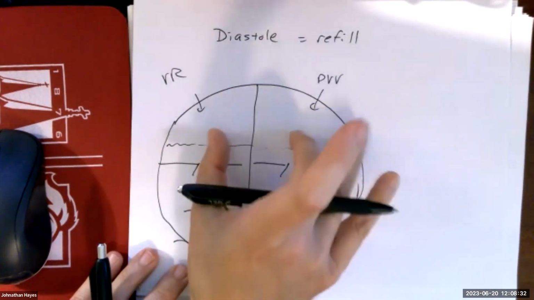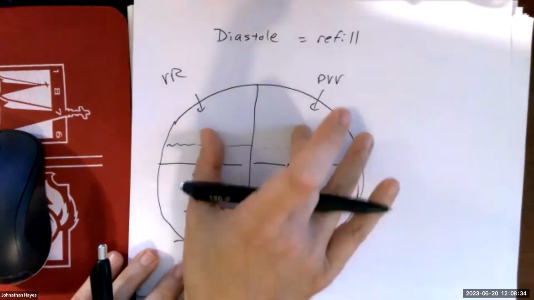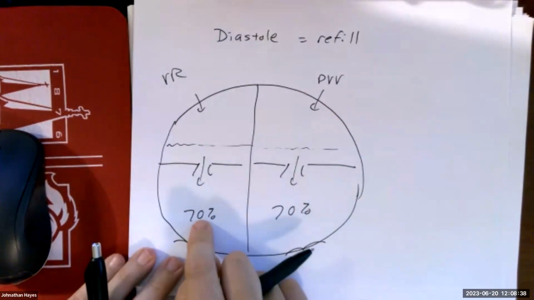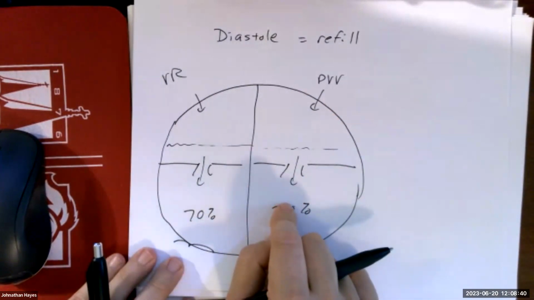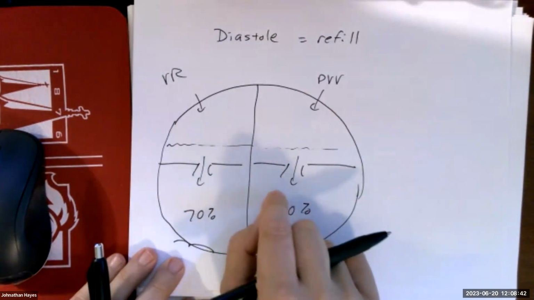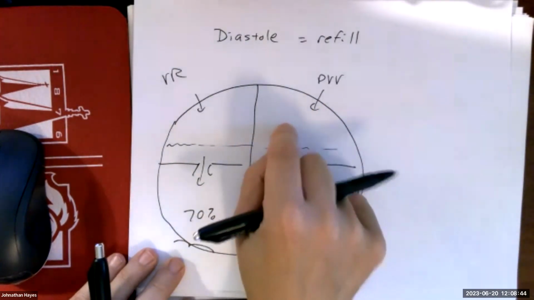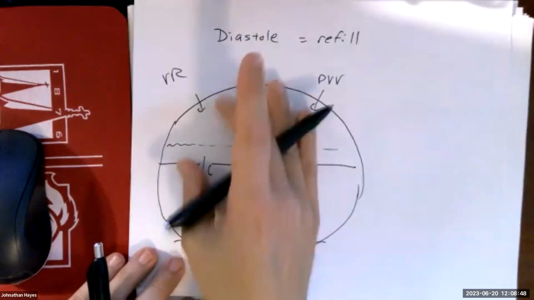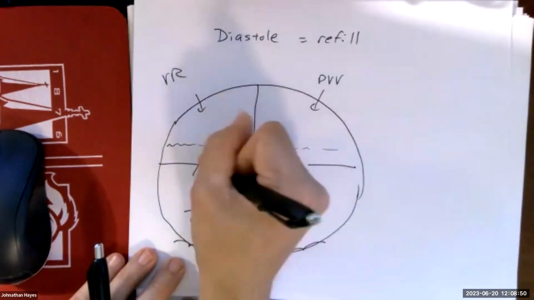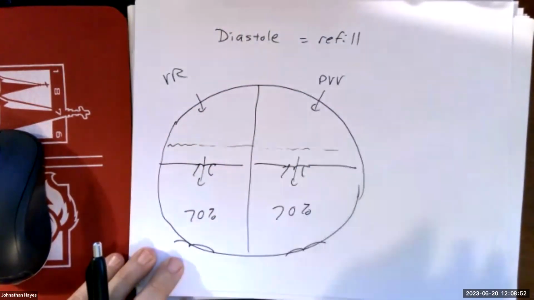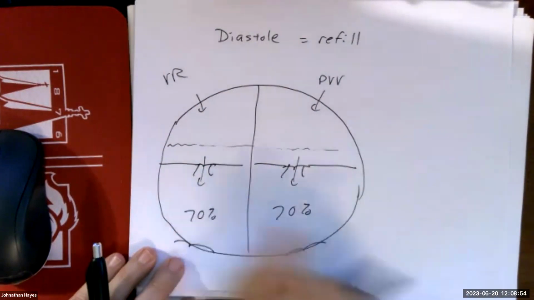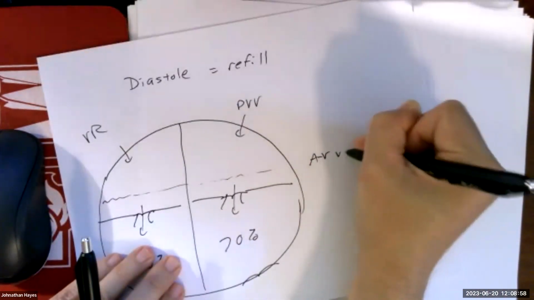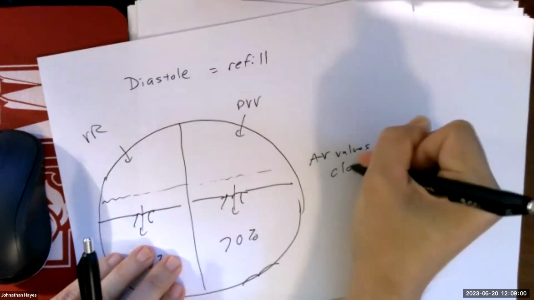The weight of the blood itself is enough to open these valves. But once we get about 70% full in the ventricles, pressure in here will start to equalize the pressure in the atria, so your valve will have no benefit going one direction or the other. So it simply closes prematurely. So at 70% full, the AV valves will close.